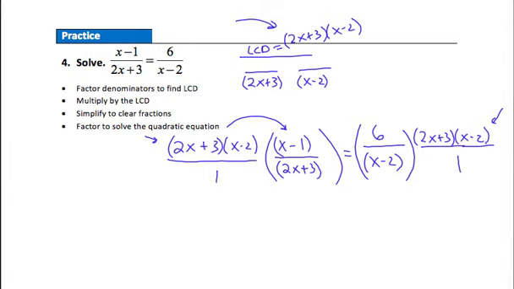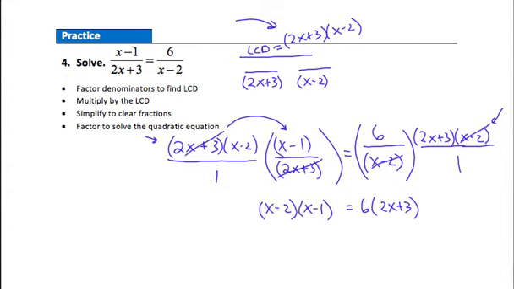Notice the common factor of 2x plus 3 is going to divide right out for us. And all that we're going to have left is to multiply these two binomials. So on the left side I have x minus 2 times x minus 1. On the right side, my x minus 2 is going to divide out, and so I'll have 6 times 2x plus 3 left to multiply.